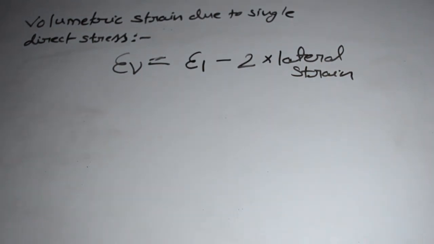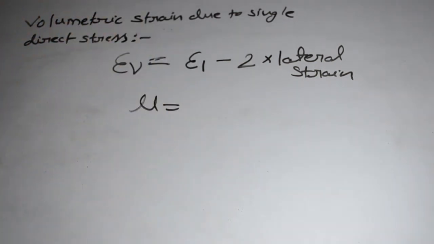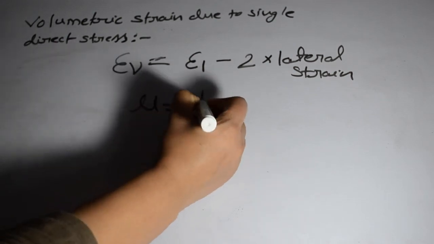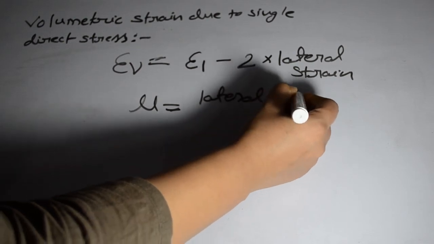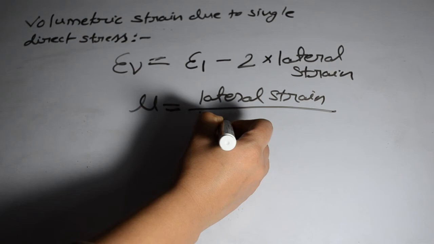The same concept we will apply here, the concept of Poisson's ratio. Poisson's ratio is the ratio of lateral strain to longitudinal strain.